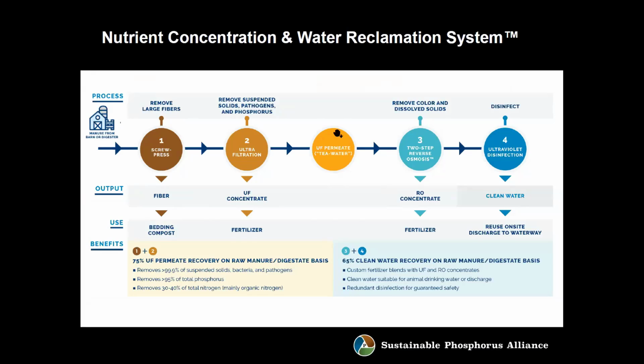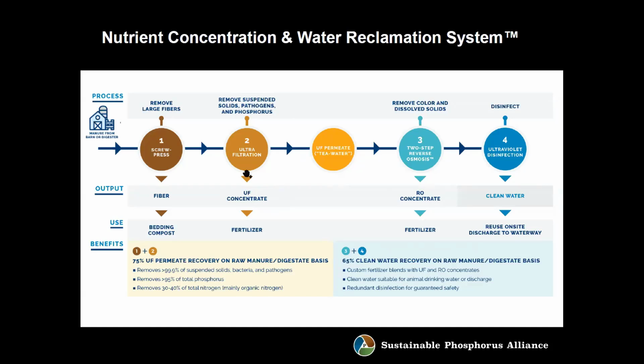One is called the UF permeate, or some people refer to it as tea water. The other product is the UF concentrate, which is a high solid slurry that is useful as a fertilizer. So in this project, we're mostly going to be talking about this ultrafiltration step, where we split liquid, raw, or digested manure into a filtrate product and a concentrate product.